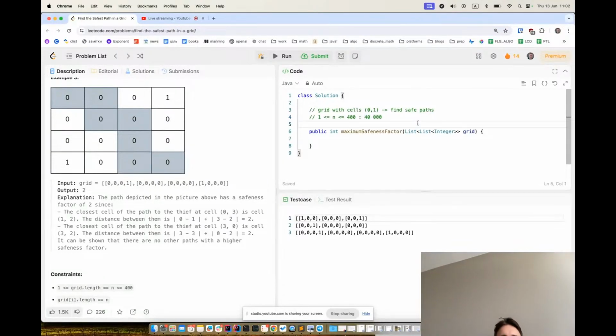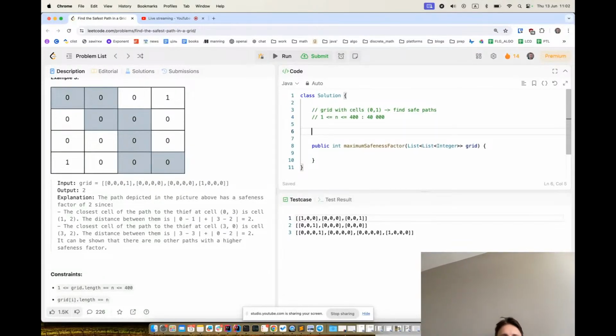Yeah, because let's draw some examples. So for example, we have something like this.